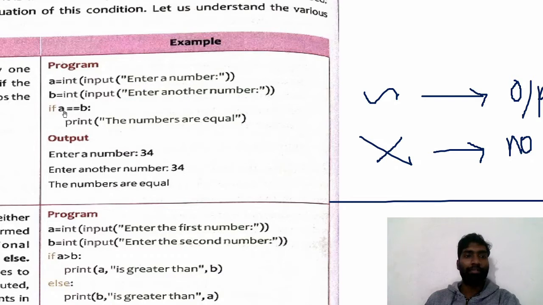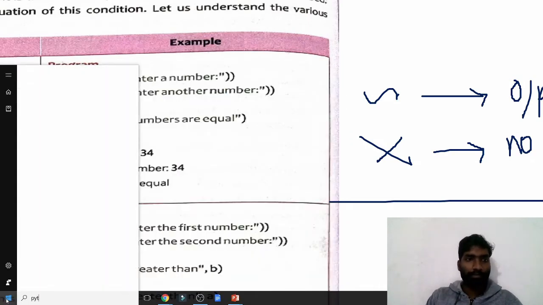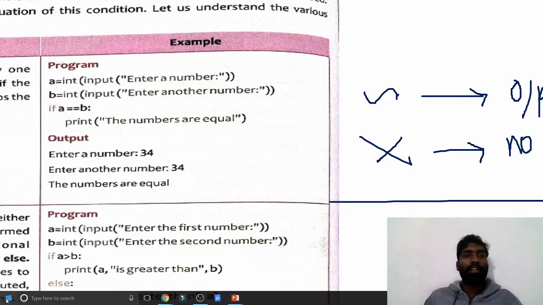What is the condition? If a equal to b, double equal, the numbers are equal. If both values we entered are the same, it will print numbers are equal. If we enter different values, it will print it is not equal. So simple.